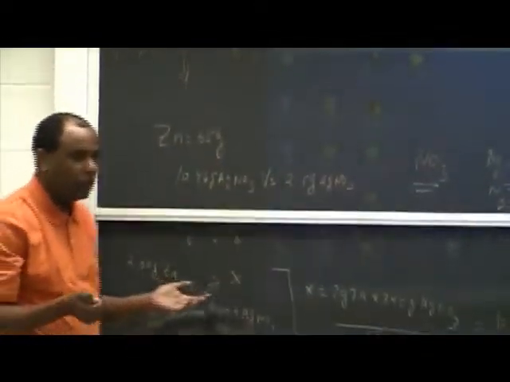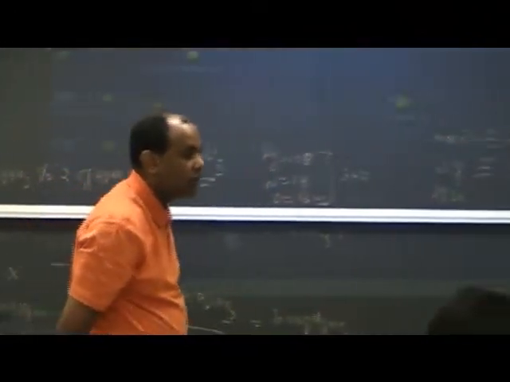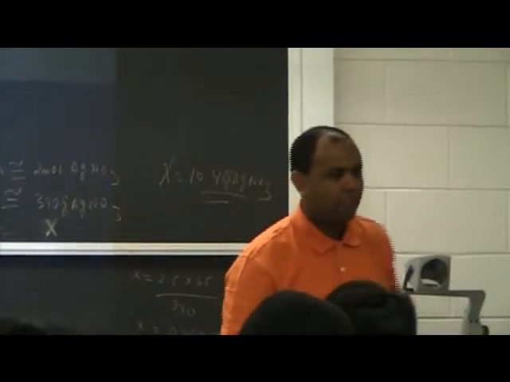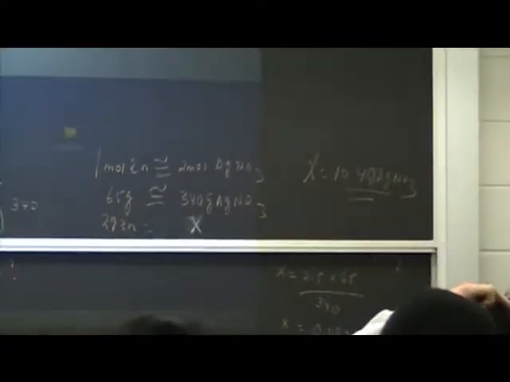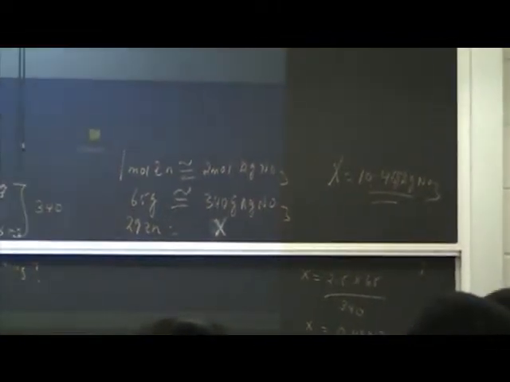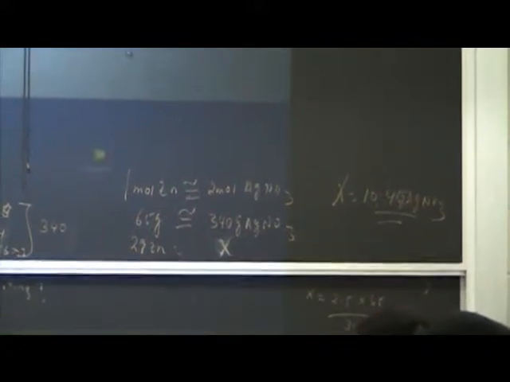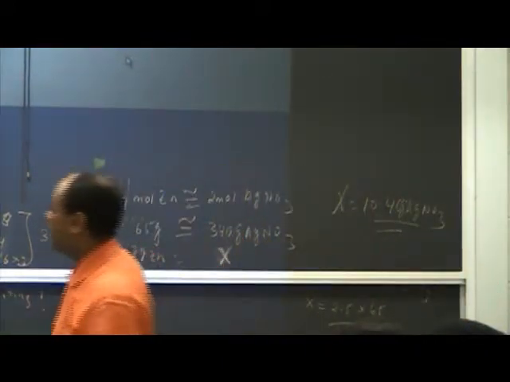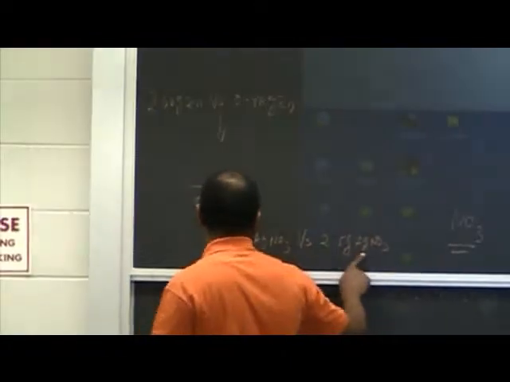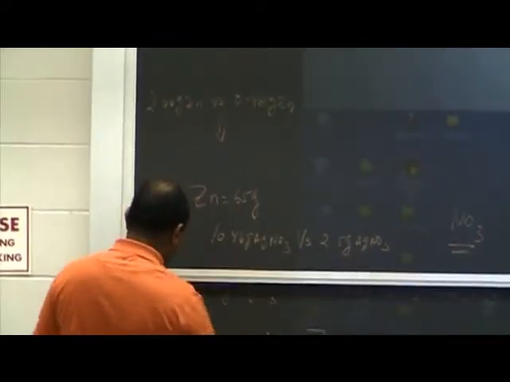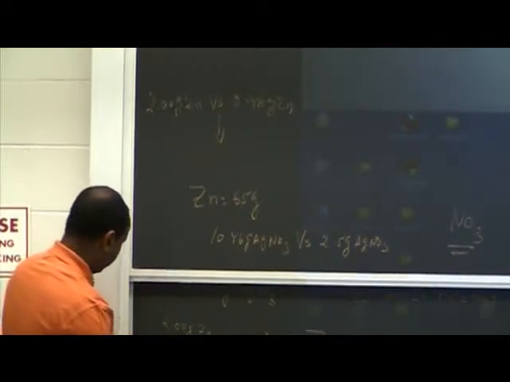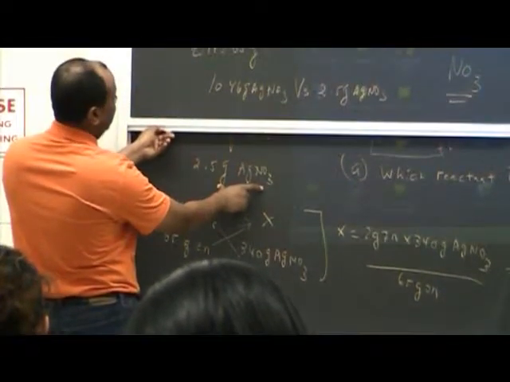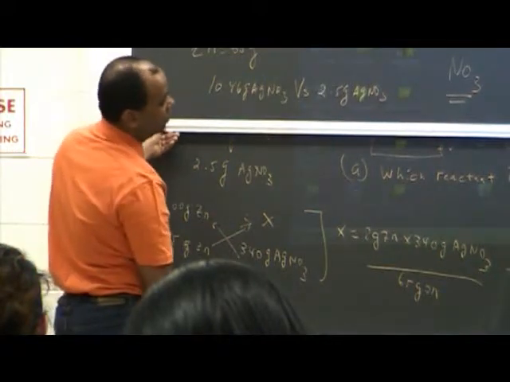Of course. So does the number have to be more than 2 zinc? Like, this was 2.5 and then it was 10.46. Does it have to be a higher number, is what I'm saying? Well, the idea is, for 2.5 grams of silver nitrate, you need how many grams of zinc?